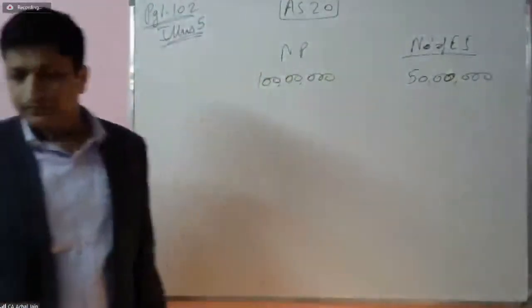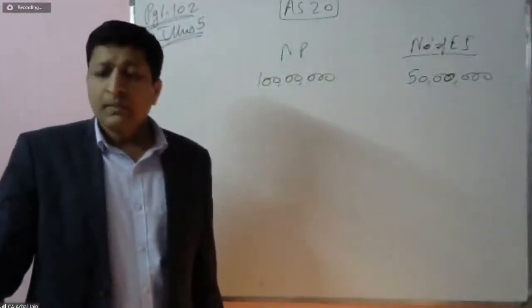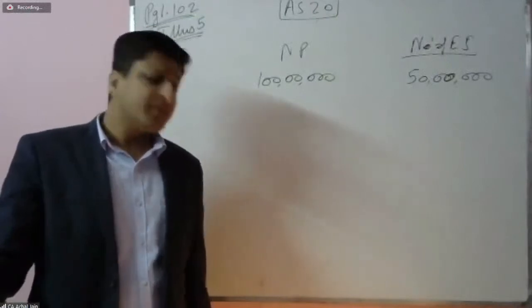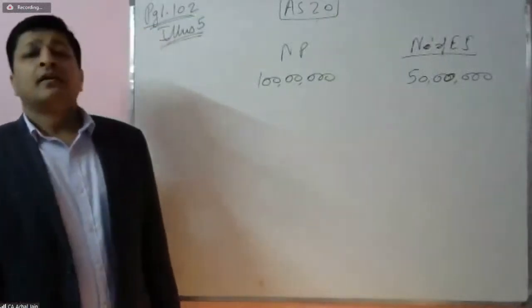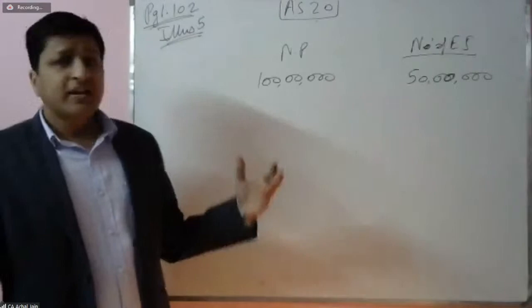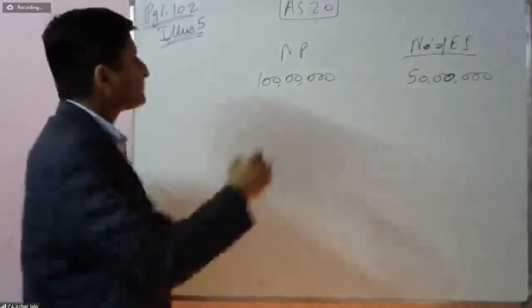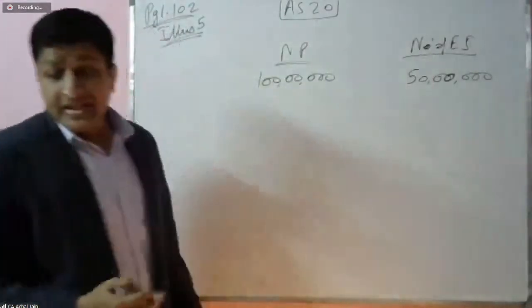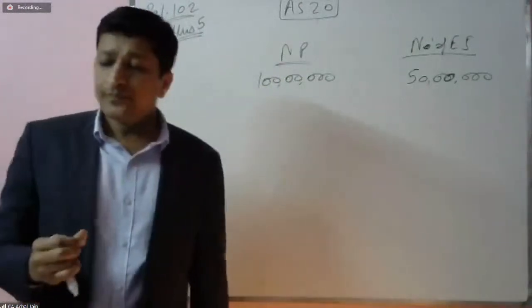Basic earning per share, even if the question had not computed it, was very simple for us to compute. Now, what is the next thing that we are required to do?